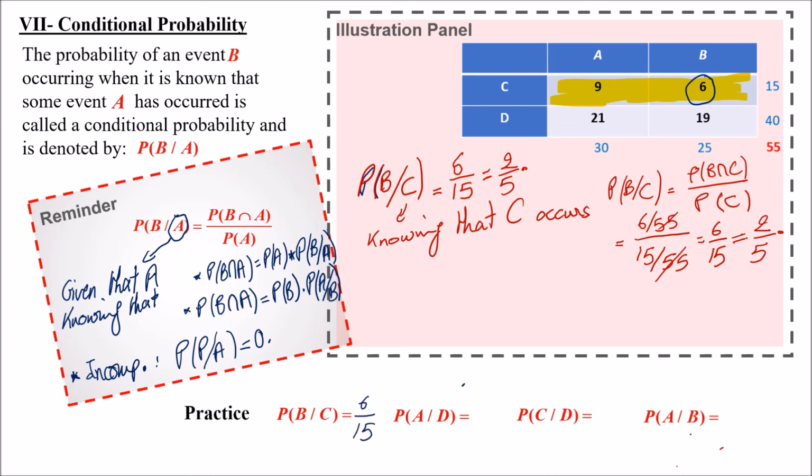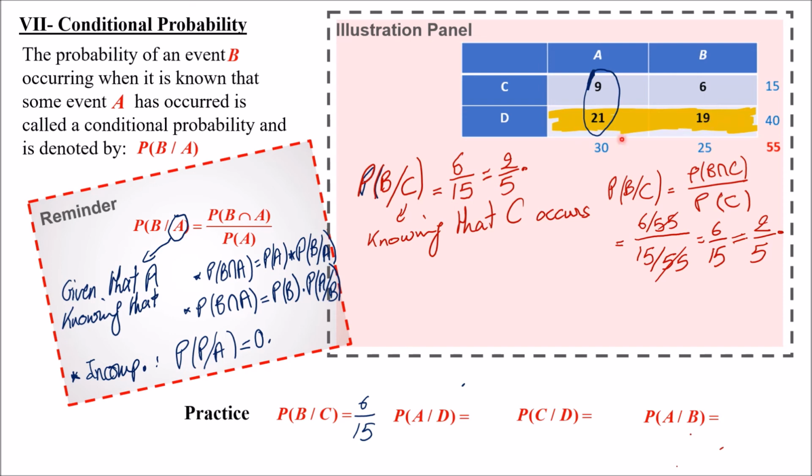Let's move to P of A given D. So, P of A given D, then we are working on D. So the first step, we need to shade the D. We are just working on D, so we shade the D. We are saying P of A given D, this is event A. We said that we have to neglect anything other than the shaded part.